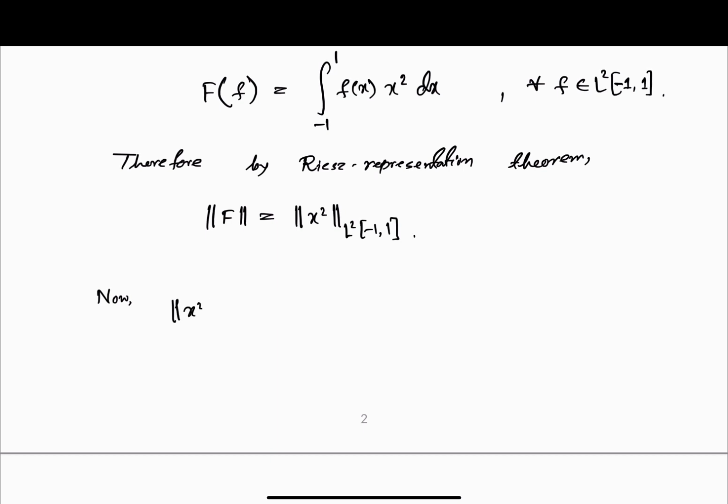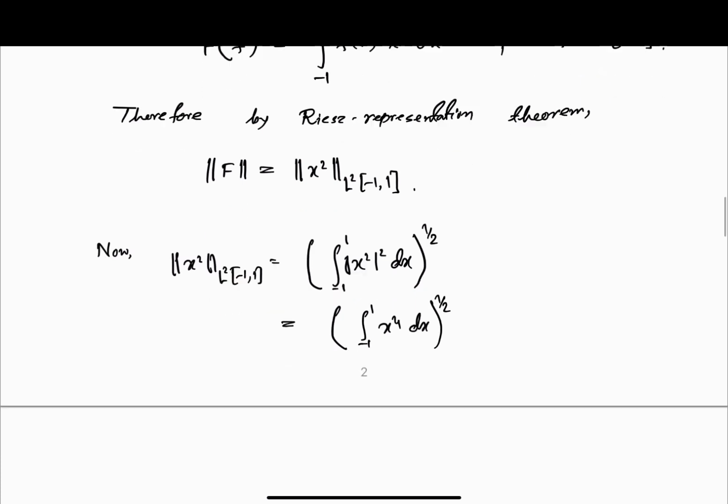Now, what is the norm of x square in L2 minus 1 comma 1? This is basically the integral from minus 1 to 1 of mod x square squared dx, to the power half. So this is the integral from minus 1 to 1 of x to the power 4 dx, to the power half.